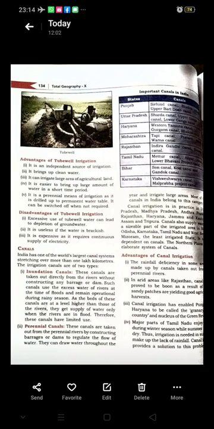What happens, it is mentioned in your book also, that if they are not regulated, too much waterlogging takes place, the area turns swampy, the soil becomes infertile, so more salt accumulates and hence that region becomes infertile in nature. So this is one of the disadvantages of the perennial canals.